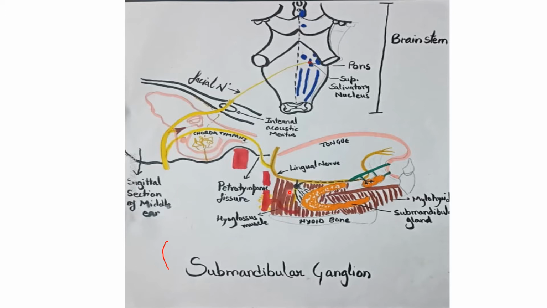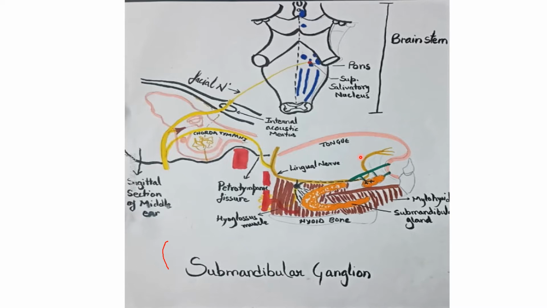Now some fibers go back into the lingual nerve through the anterior root, and while traveling in the lingual nerve, they supply the sublingual gland. And finally, from the chorda tympani, the fibers run and enter the anterior two-thirds of the tongue. So the lingual nerve and the chorda tympani, one carries the taste sensation, another carries the general sensation of the anterior two-thirds of the tongue, right?